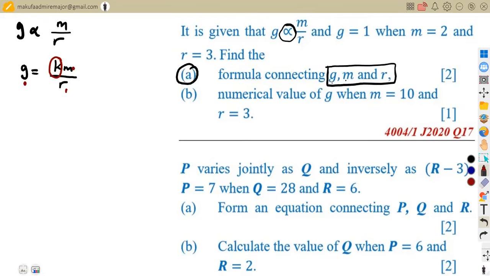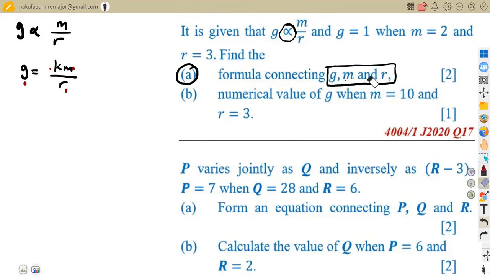Meaning to say you were supposed to leave your answer at this stage, because that is the formula that has the constant K. But here we can see that K is not mentioned. Our constant here is not even mentioned. So what are we supposed to do?